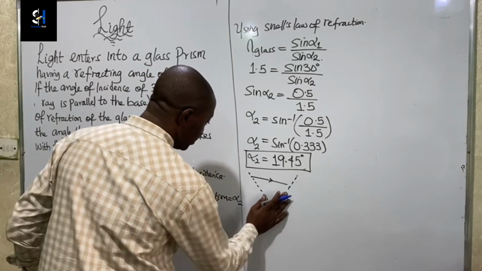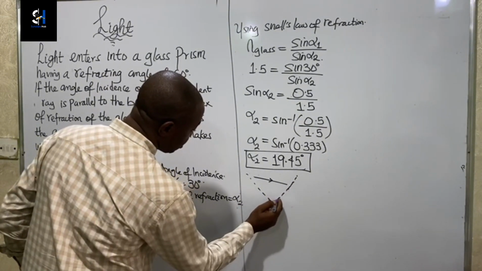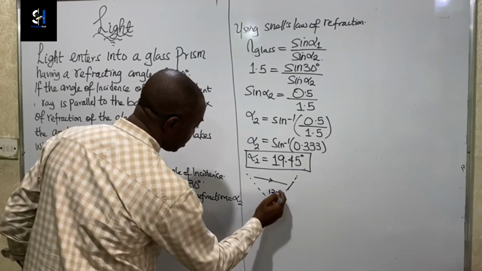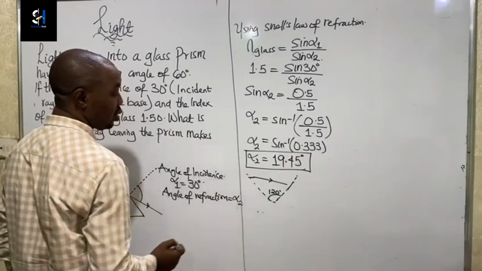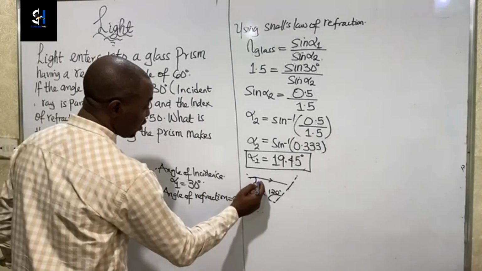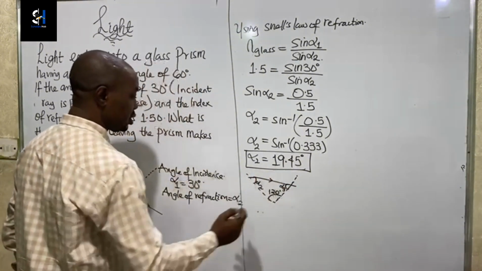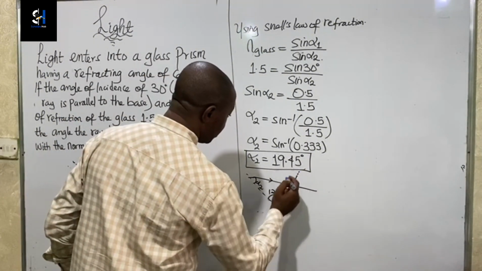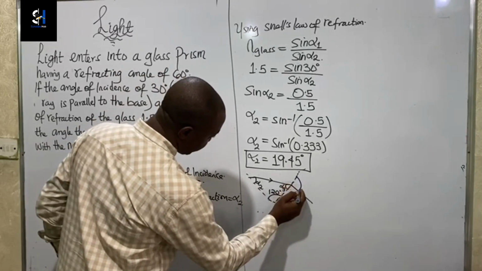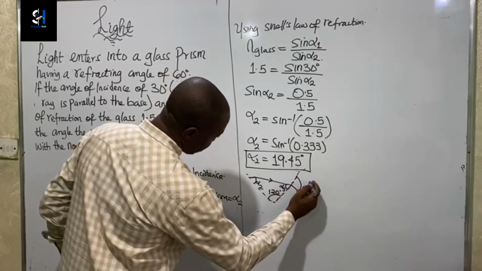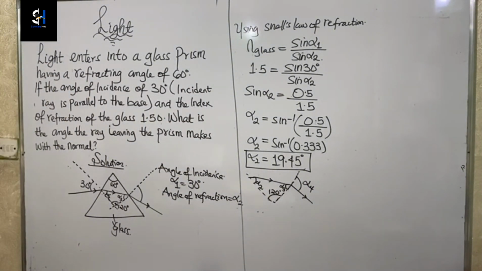The apparent rays meet, and the angle between the two rays is 120 degrees. So we have alpha 2 in this case, and we have alpha 3 in this case. Now we know that the emergent ray makes an angle, let's say alpha 4, with the normal ray.